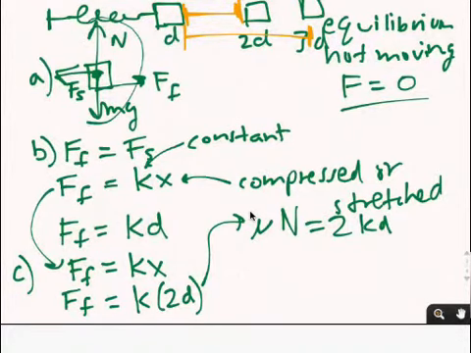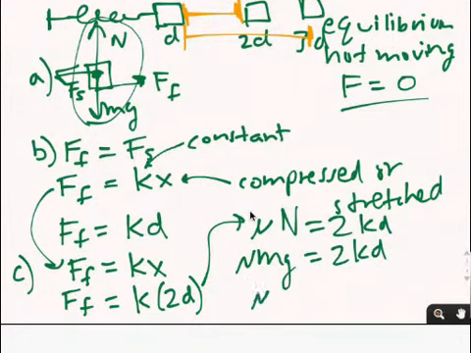The normal force here equals your mg, so it's mu mg equals 2kd. So your mu equals 2kd over mg.